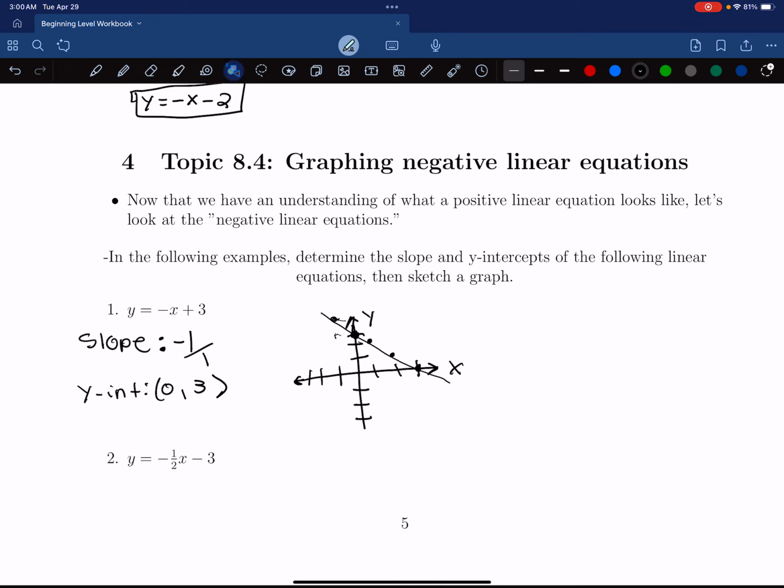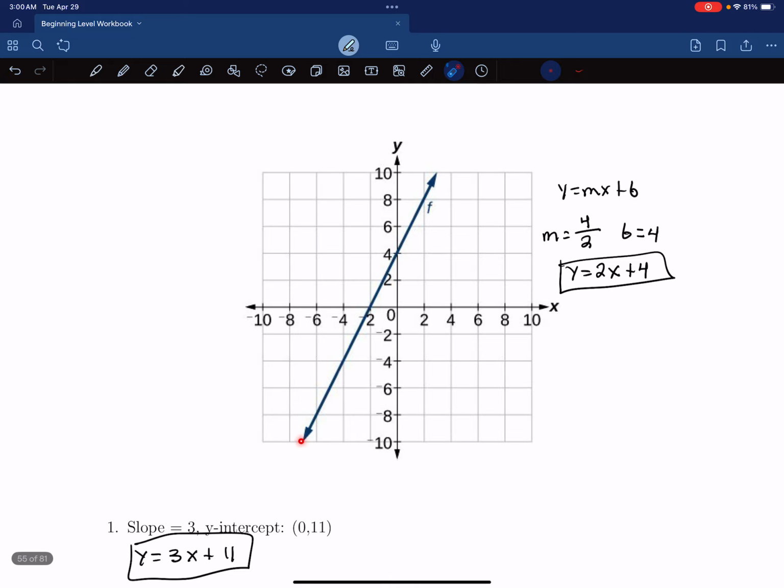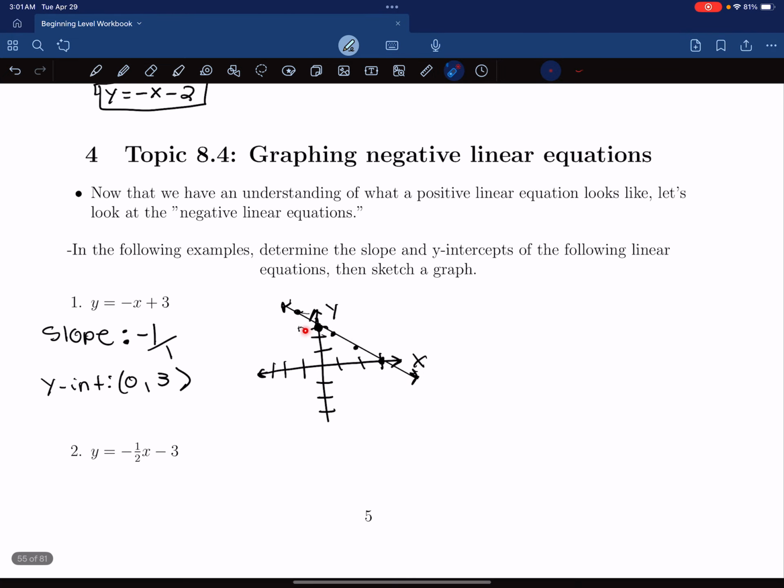Now, I know that this looks pretty similar to positive linear equations. However, you have to look at the direction that this line is going. Because this line is going in this kind of direction, it looks a little bit different than this line, because this line is going in this direction, and this line's going in this direction.